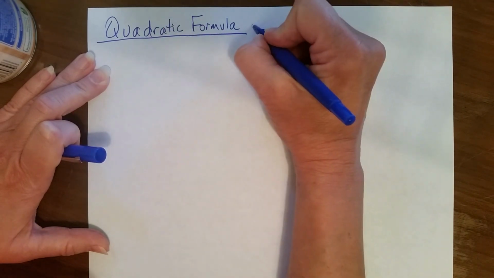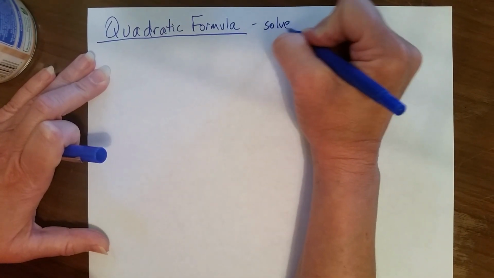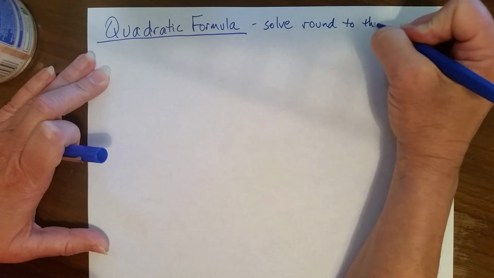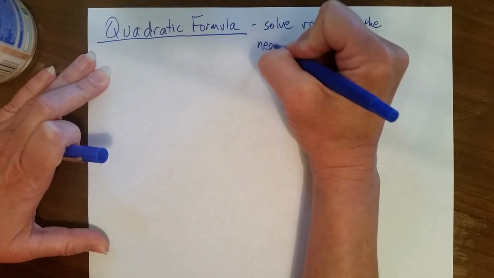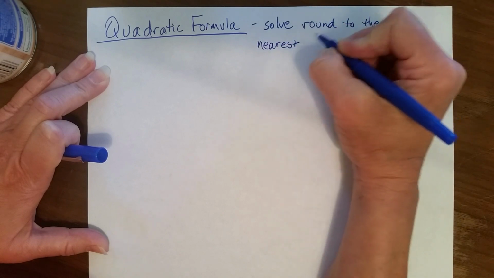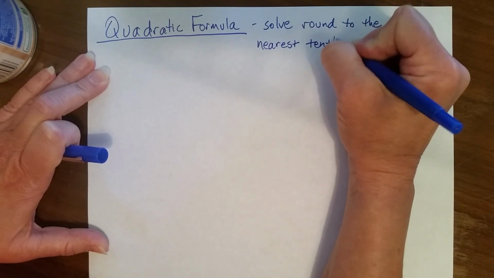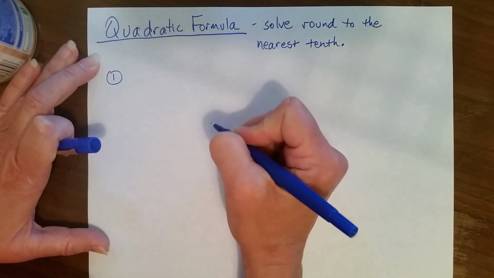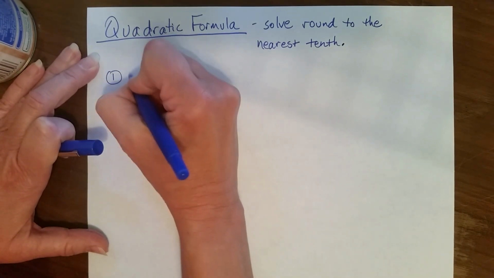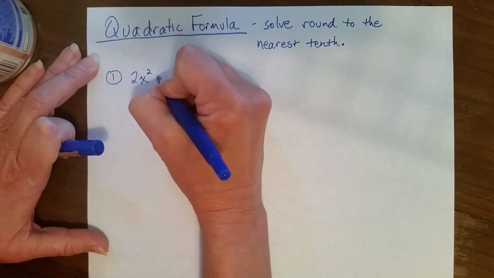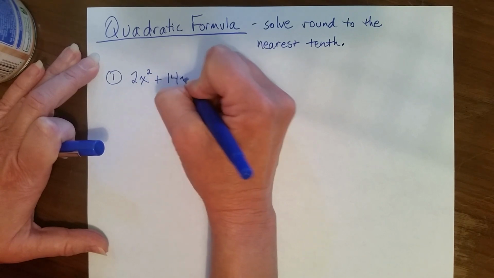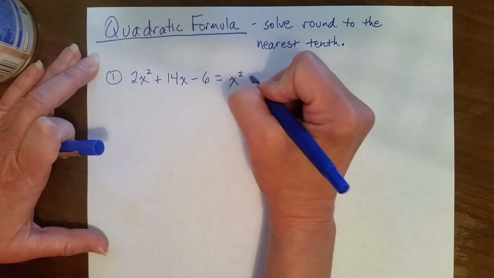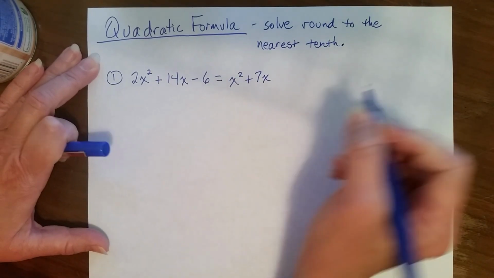So it's going to say solve, round to the nearest tenth. Okay, so we're going to do number 1. 2x squared plus 14x minus 6 equals x squared plus 7x.